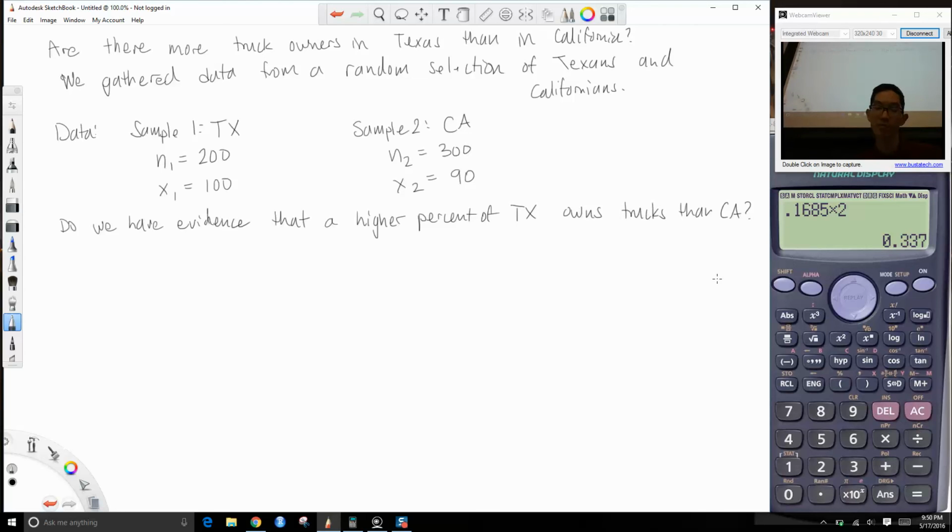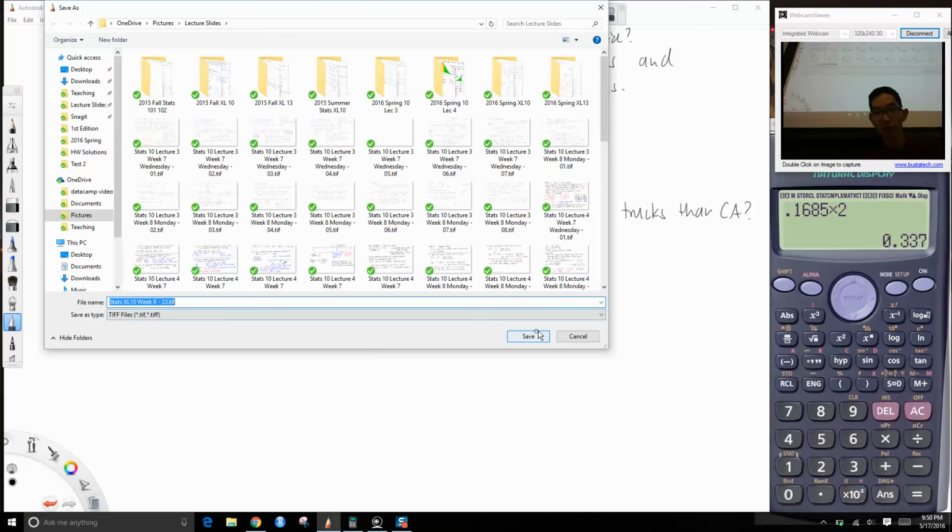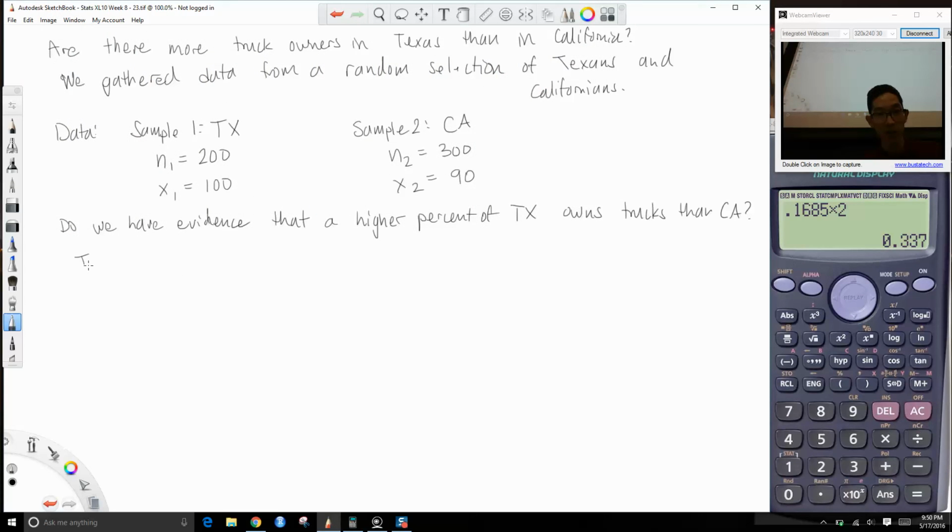So if we look at Texas, what's our p-hat? 100 over 200, we have a proportion of 0.5. If we look at California, our p-hat 2 is 90 out of 300, we have 0.3.